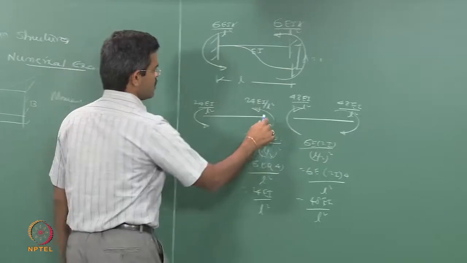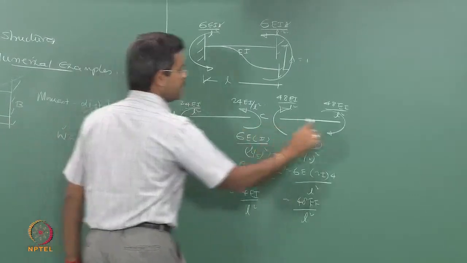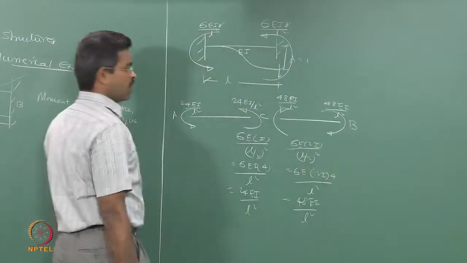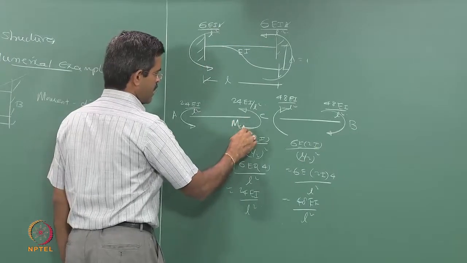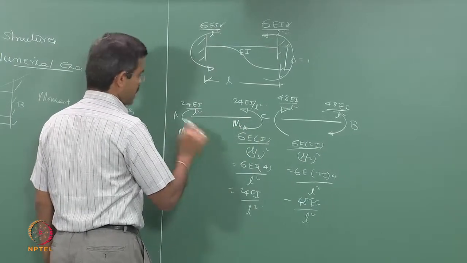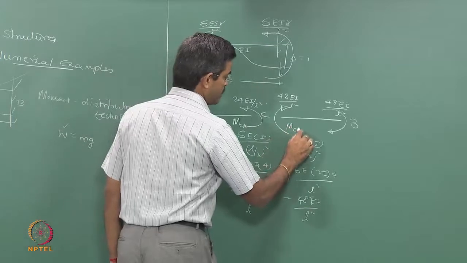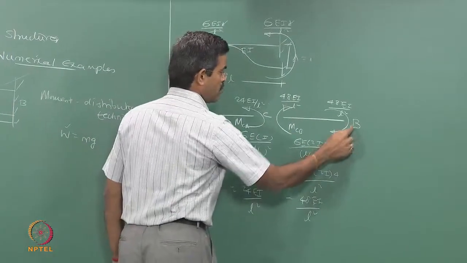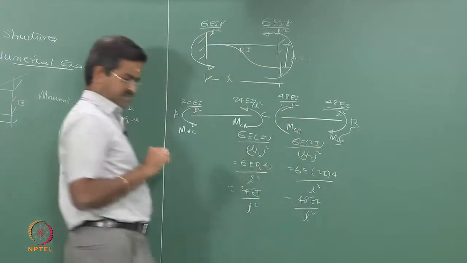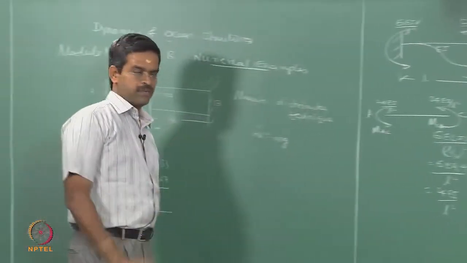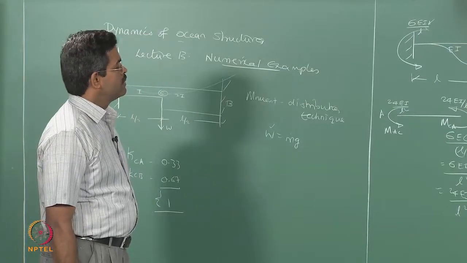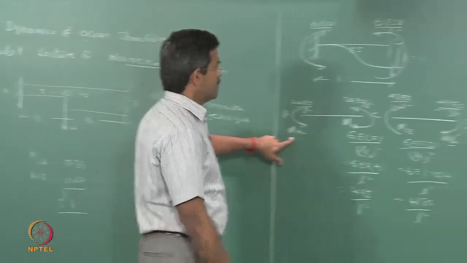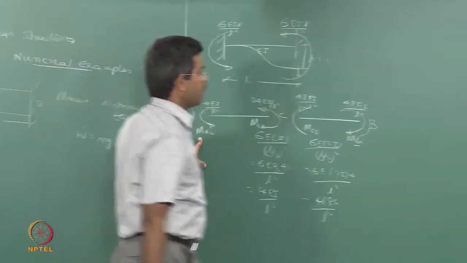You all know that this is C, this is A and this is B. So, I can call this MCA, this MAC, this MCB and this MBC. The first letter corresponds to the joint, the second letter corresponds to the next joint. That is how the nomenclature is written. Start from here, this is anti-clockwise, so minus.